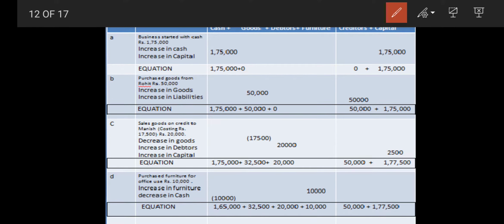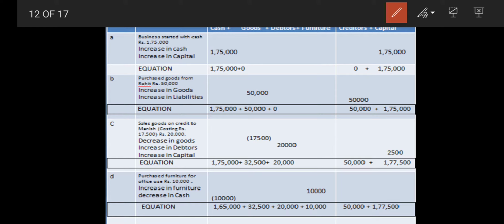Okay, now switching towards the next part, and that is purchase goods from Rohit rupees 50,000. See, in this the party's name is particularly specified, so it is implied that it is a credit transaction. Again I am reading, purchase goods from Rohit for rupees 50,000.